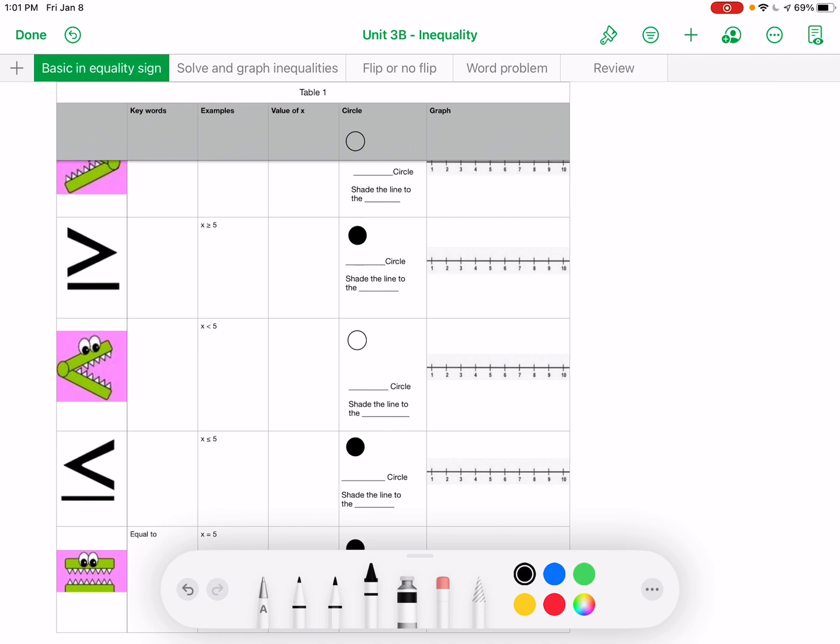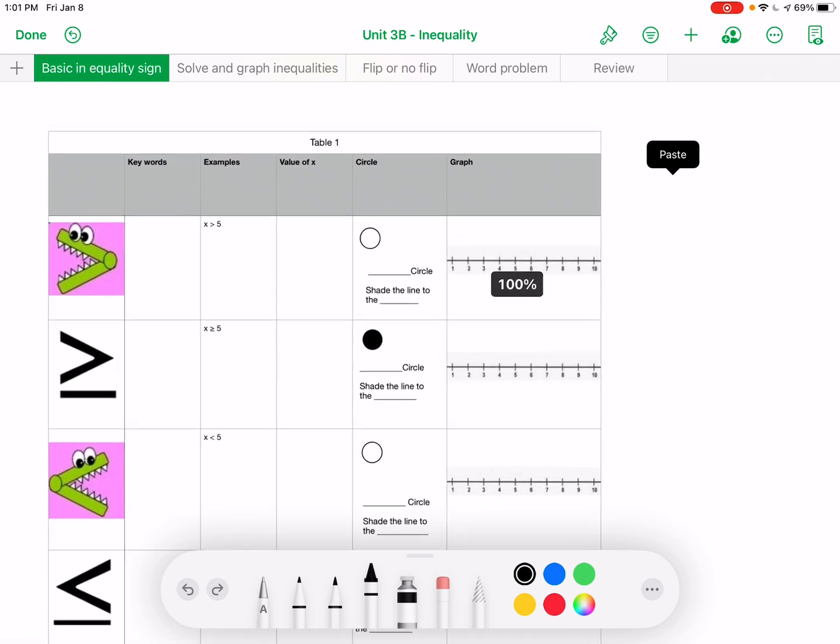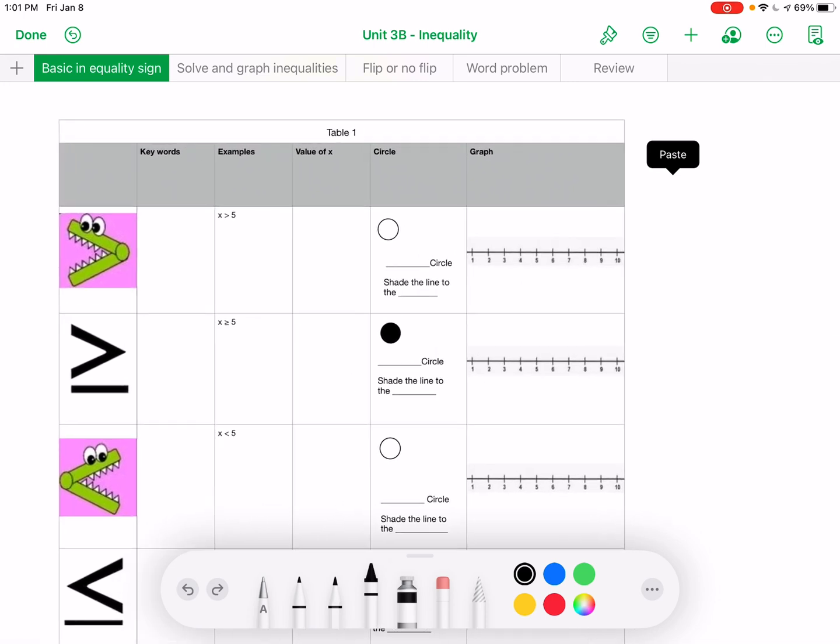So here you'll be familiar that if the open side is, let me undo. There you go. So when you have the larger open part of the alligator's mouth to the left and you're reading from left to right, that is your keyword here could be greater than.